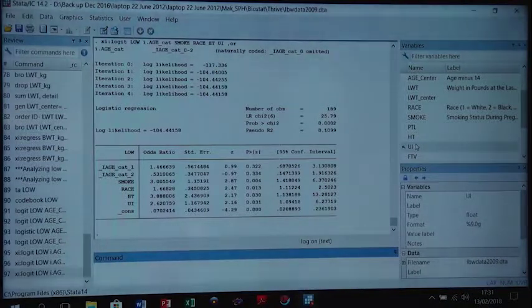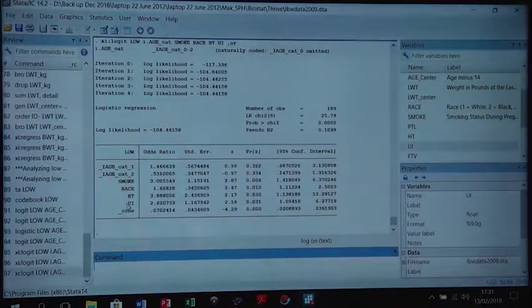Now once we adjusted, look at what happens to age. The odds ratio moves from 1.35 to 1.46, but it's not statistically significant, okay? But smoke is. Look, the odds of having a low birth weight baby are 3 times higher among mothers who are smoking compared to non-smokers, and this is statistically significant.